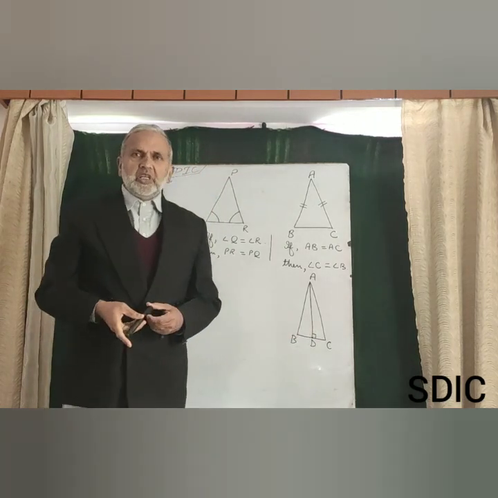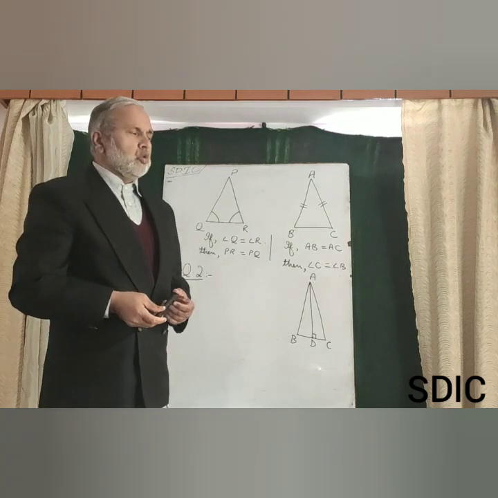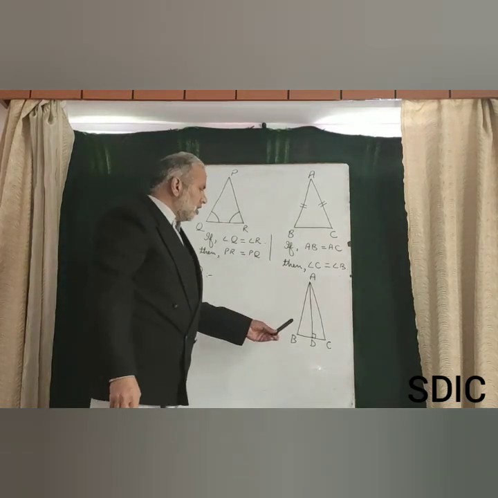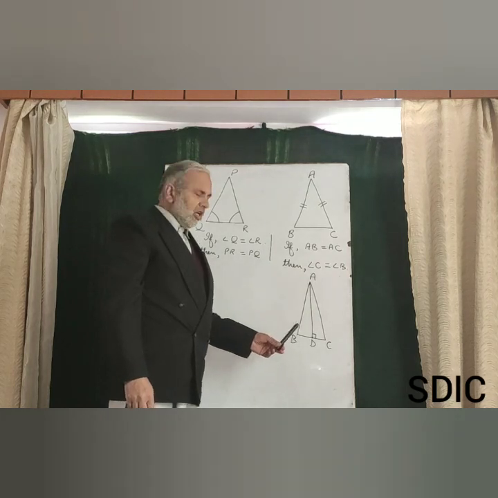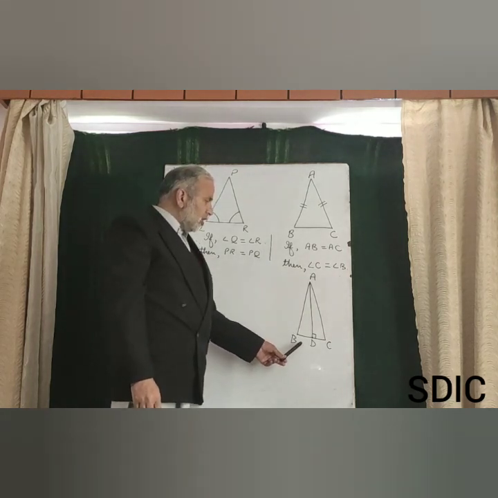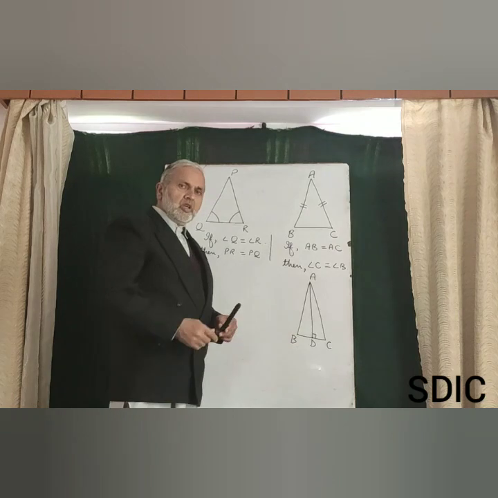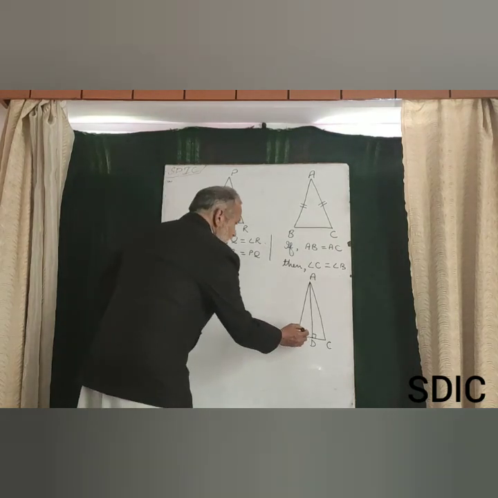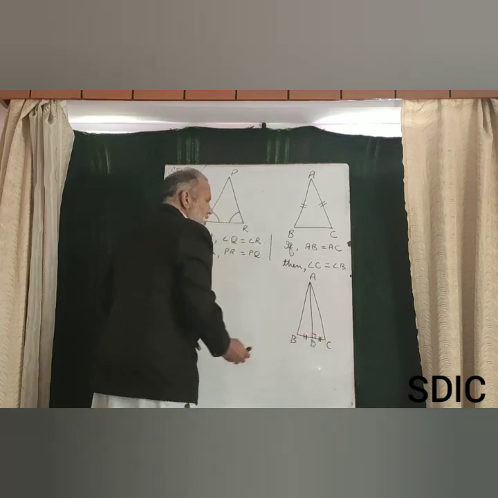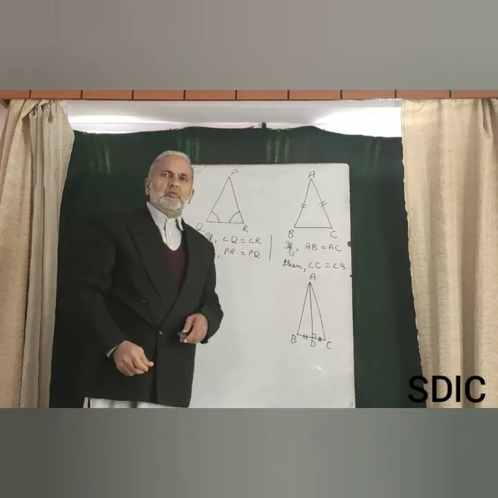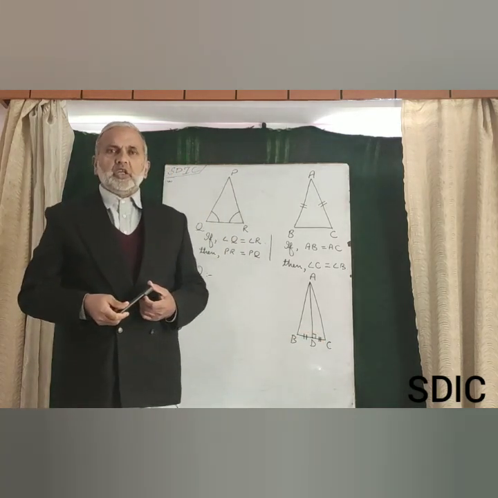What does bisector mean? You know, it divides the line segment into two equal parts. In the figure, the parts formed are BD and CD. Therefore, BD will be equal to CD. We'll show these by same mark. Two short lines will be drawn to show they are equal.